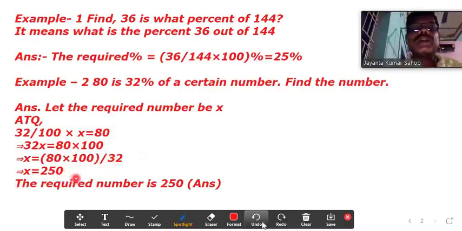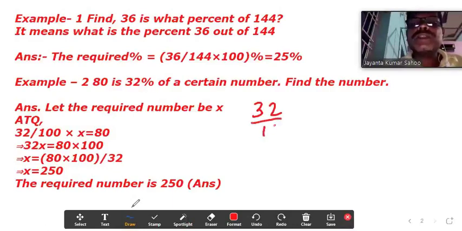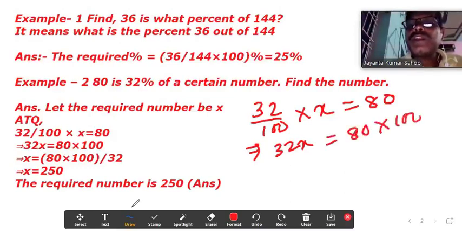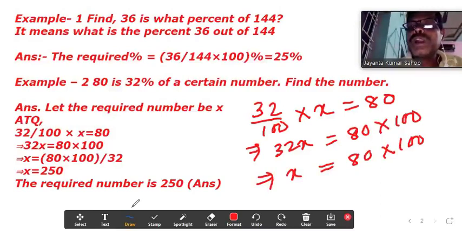How is it cut? Look here, children, it can be done this way. 32% of x means 32 by 100 into x equals 80, which implies 32x equals 80 into 100, so x equals 80 into 100 whole divided by 32.